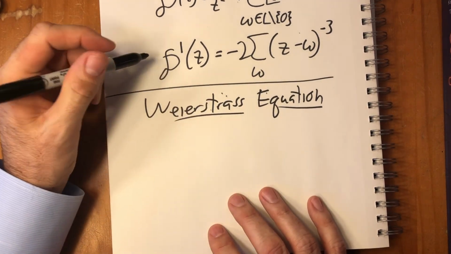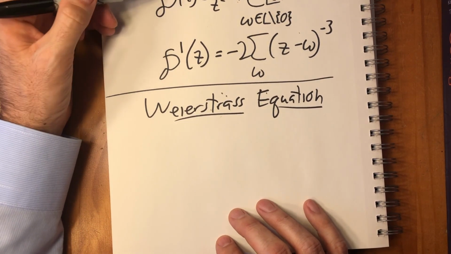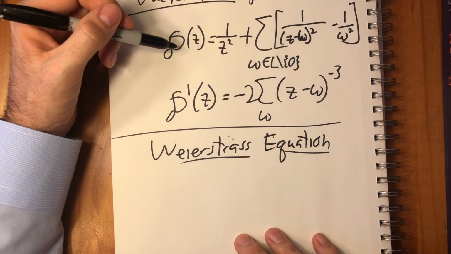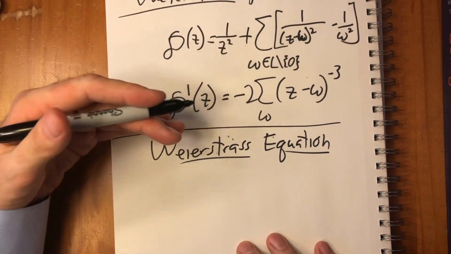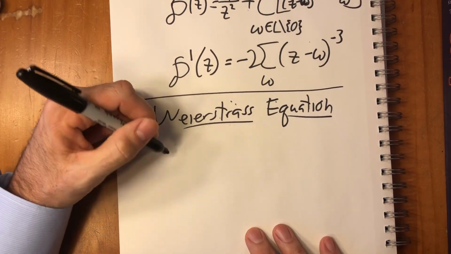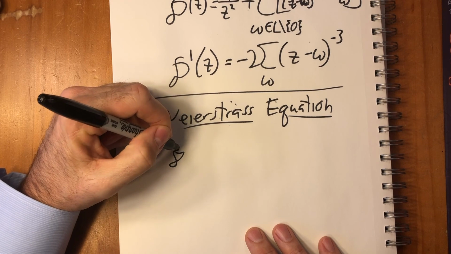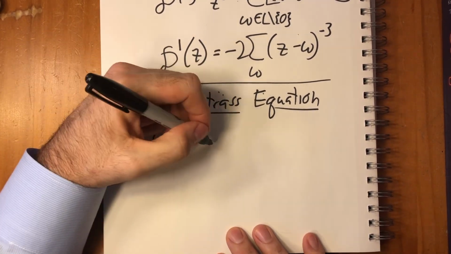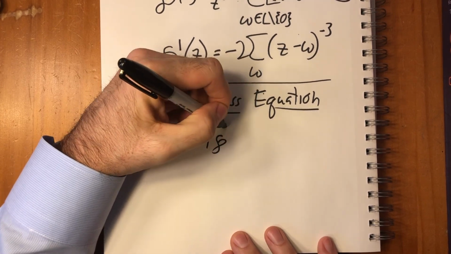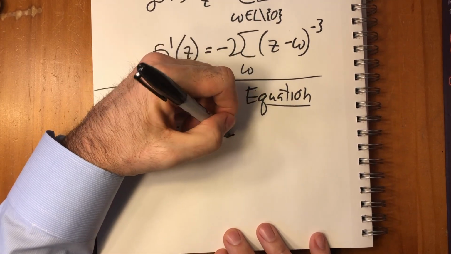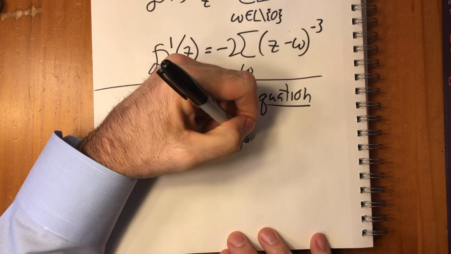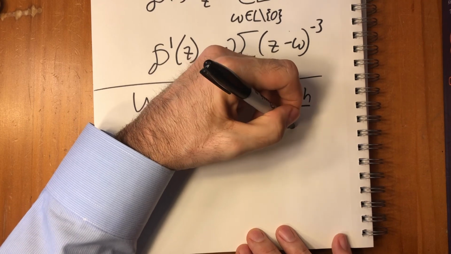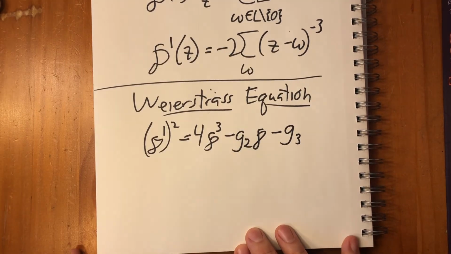He found out that there's a relationship between the doubly periodic functions and their derivatives. That relationship is that the derivative squared equals 4 times the original function cubed minus some constant times the function, and then minus another constant.